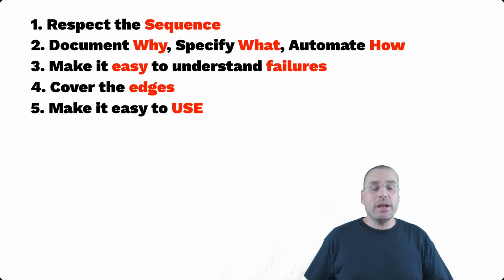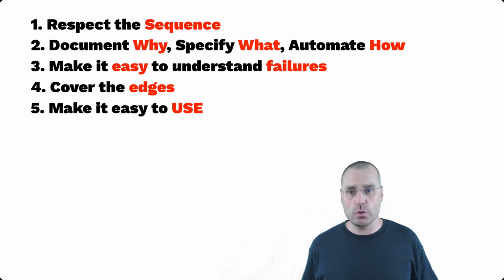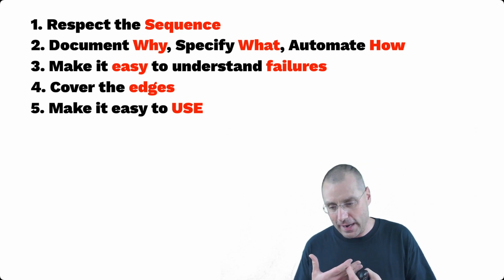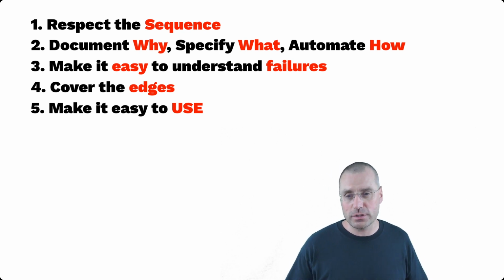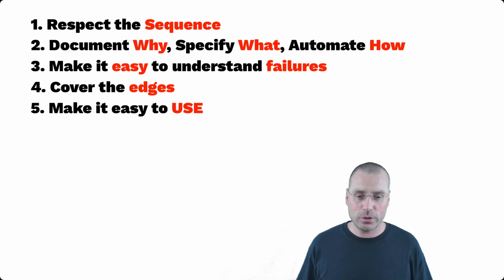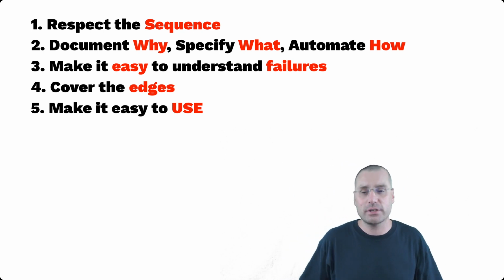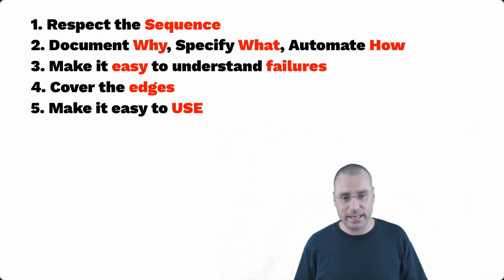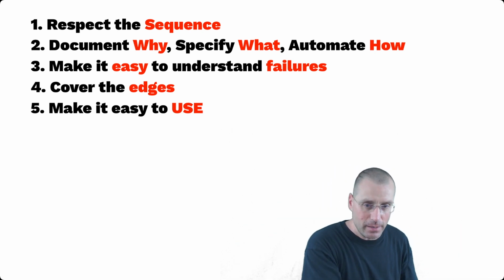Next, we need to structure these things so that if they fail in the future, they're easy to dissect, they're easy to understand. That means that we need to figure out that we have all the right preconditions in place. We focus on one thing to test so that we can understand one thing that went wrong. We have a clear relationship between inputs and outputs.